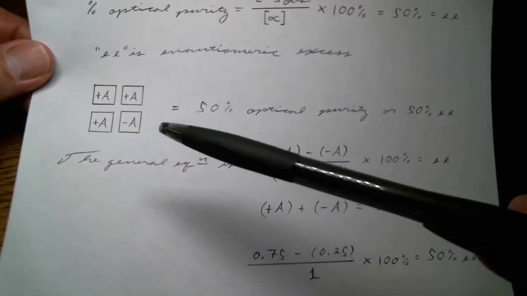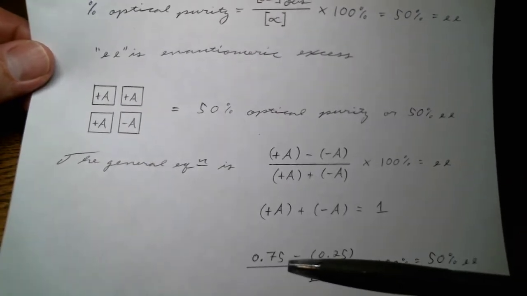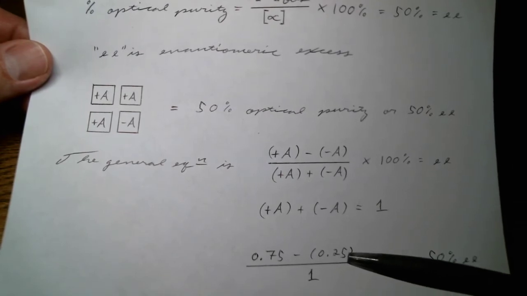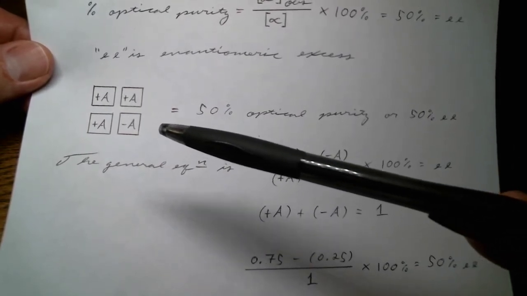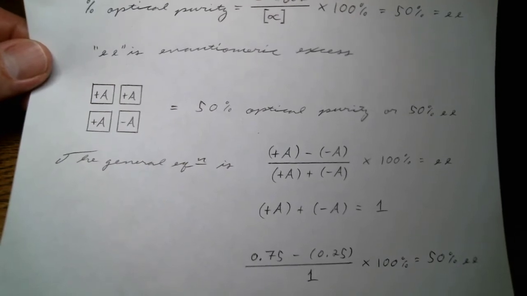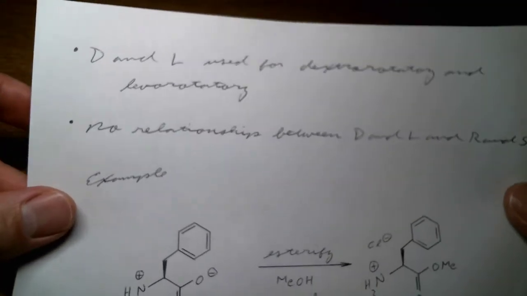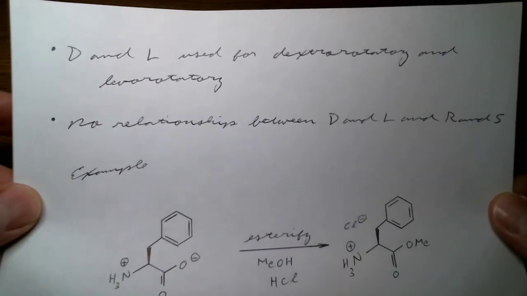In our case, we've got 0.75 of our whole solution as plus A minus 0.25 of our solution as minus A divided by 1 times 100% is our 50% enantiomeric excess. So hopefully that's clear. We can definitely try a practice problem at some point, maybe in the class time itself.